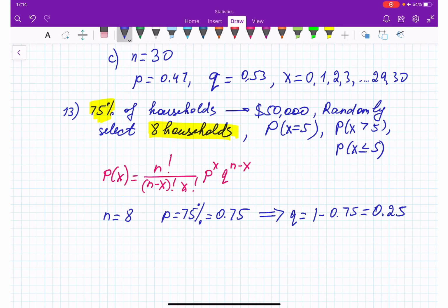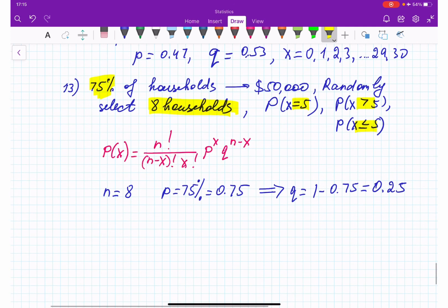At the same time, x is going to be given, right? 5. We need x equal 5, greater than 5 and less than or equal 5, right? I'll do x is equal 5, let's say. Let me plug it. Probability x is equal 5.